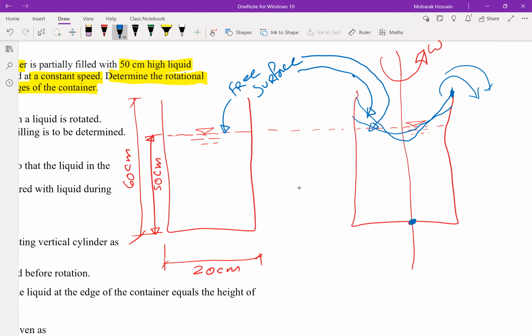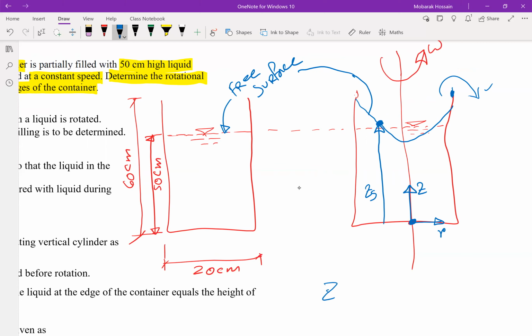So here is your radius axis, and the vertical one is the z axis. Now if you want to find the free surface position from the bottom for any particular point, this one is the zs.